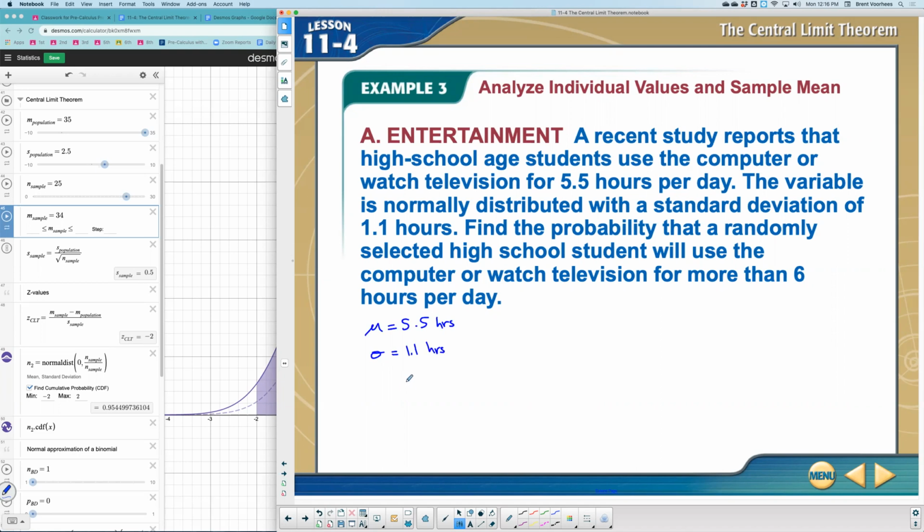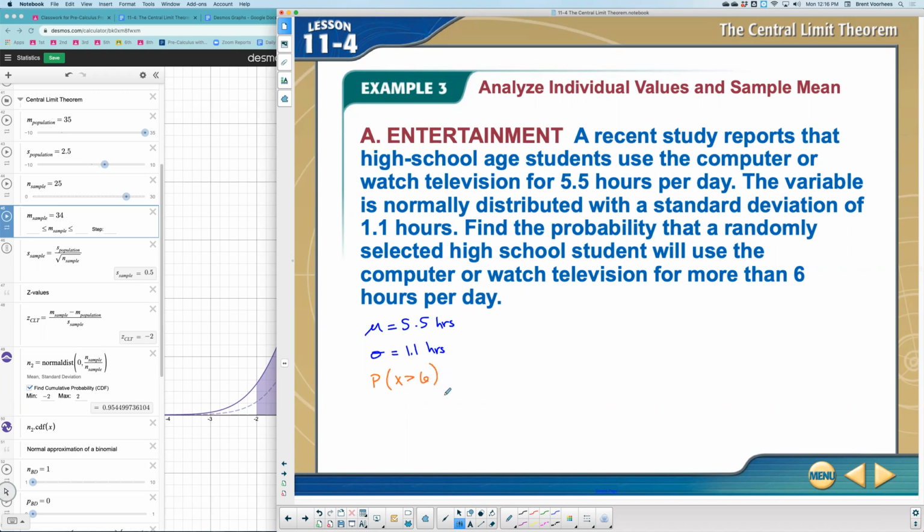Find the probability that a randomly selected high school student will use the computer or watch television for more than 6 hours per day. All right, so here we are, and we're trying to find the probability, and here's how you would write this: the probability that a student would watch the television for more than 6 hours per day.